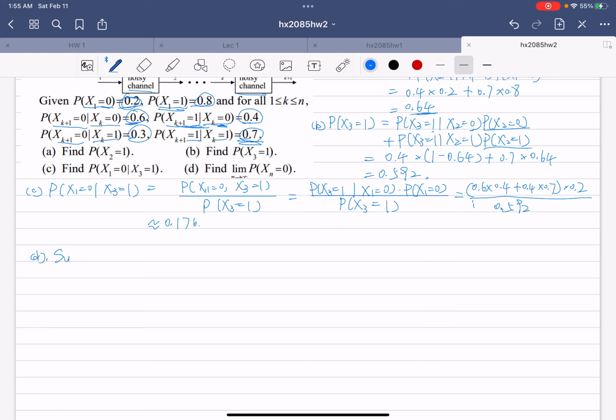We can suppose that the probability of xn minus 1 equals 0 equals a, so that the probability that xn minus 1 equals 1 will be 1 minus a, because n is infinite.